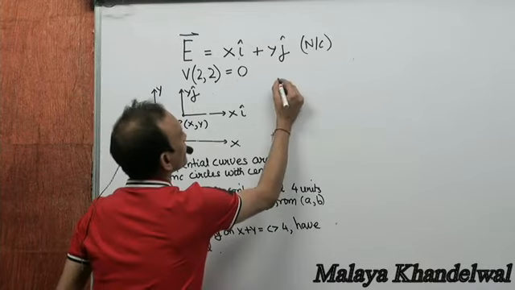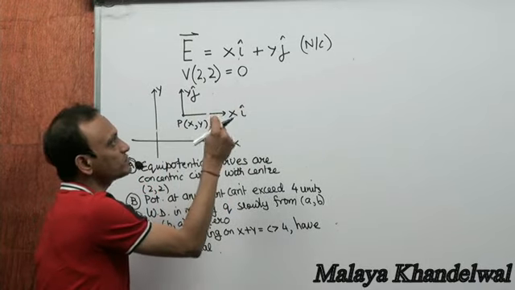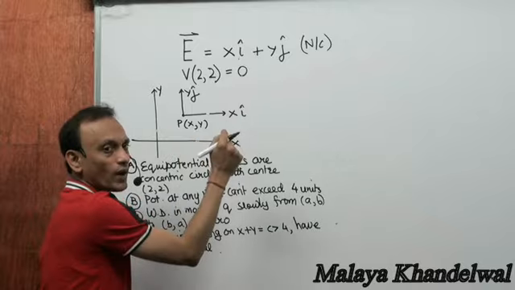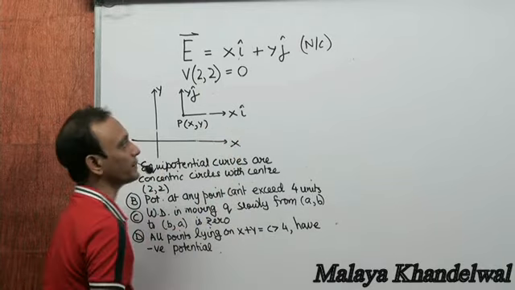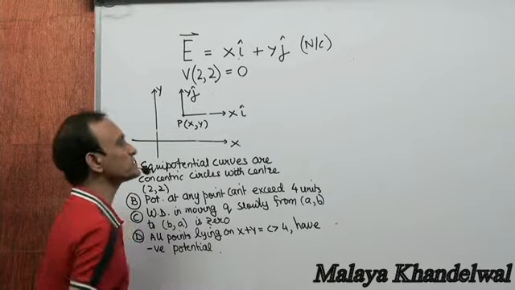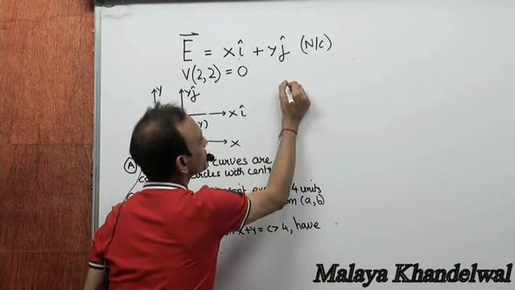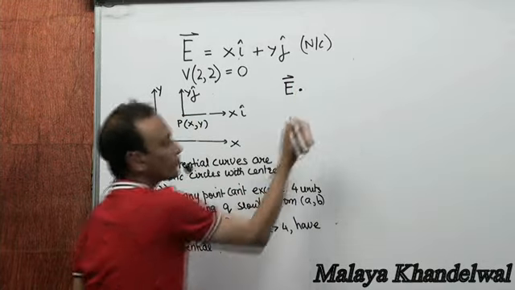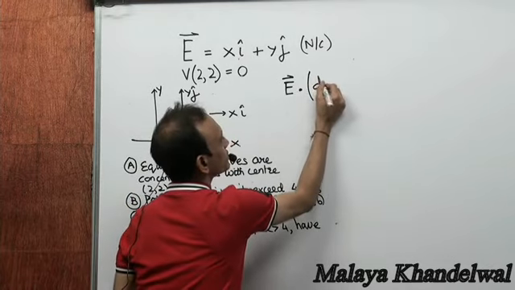Now, if a particle is at x comma y and it is moved from x comma y to x plus dx, y plus dy under the influence of this electric field, then the work done by the electric field is going to be given by E dot the displacement.